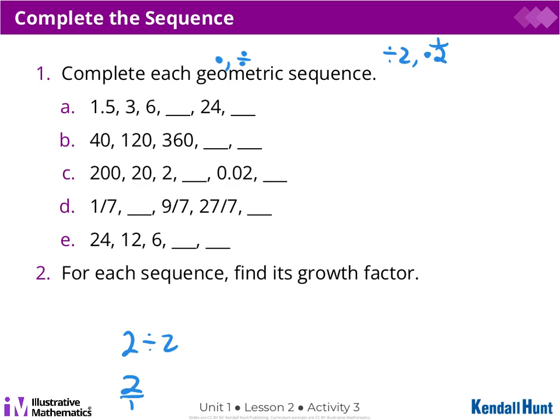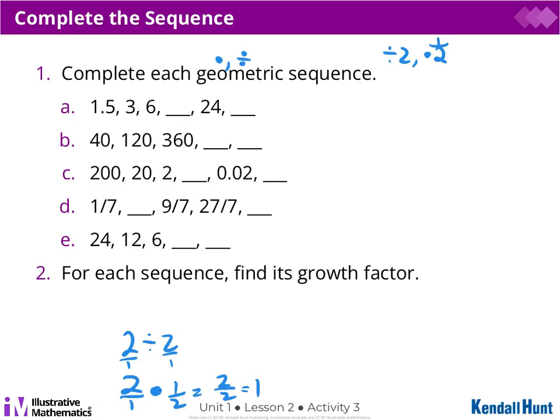I change division to multiplication, keep, change, and then flip. I flip the second one upside down, and I get 2 over 2, which gives me 1. So 2 divided by 2 is 1. So dividing by 2 is the same as multiplying by the inverse, or the upside down, or multiplying by the reciprocal. It's another fancy word.